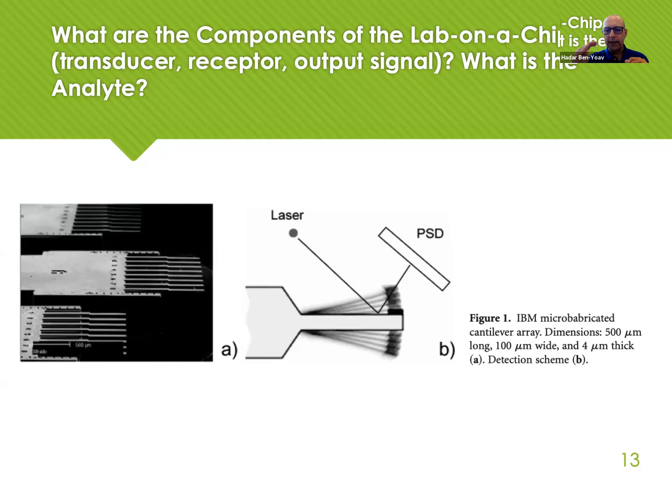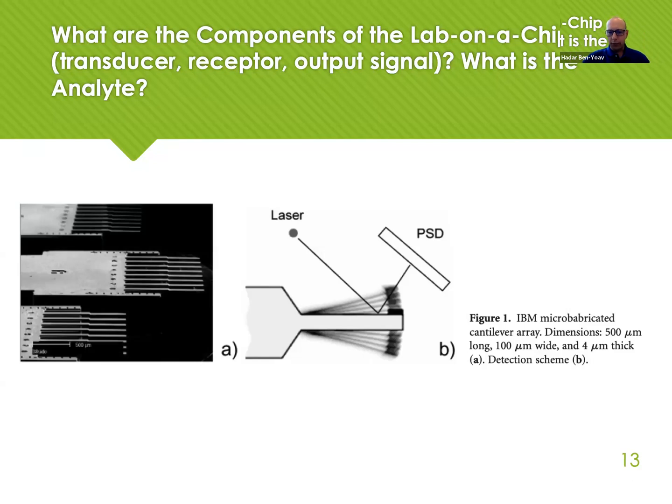At some point it resonates at the maximum amplitude. So you increase the frequency, it resonates with the maximum amplitude, and then you increase the frequency again and it decreases. This resonance is at a specific frequency that is dependent on the mass of the cantilever.